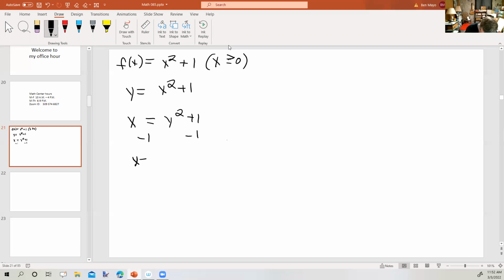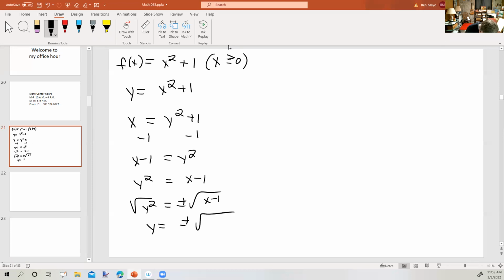So I'll subtract 1 from both sides. I'm going to go ahead and switch around the sides so that my y stuff is on the left. Well, now to solve for y, I would take the square root of both sides. So y is plus or minus the square root of x minus 1. And then finally, using inverse function notation, I get that.